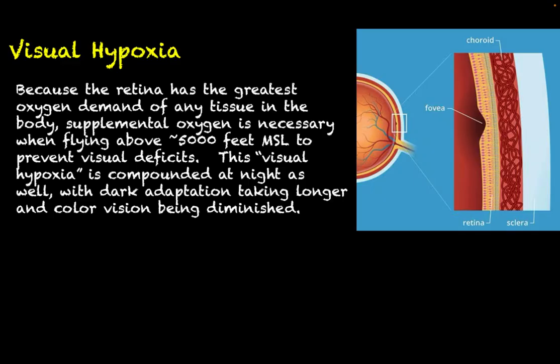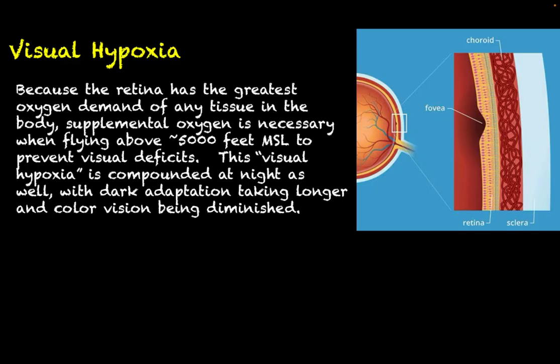So the reason for this is to prevent visual deficits. We learned in chapter 4 that it's really only above 10,000 or 12,000 feet that you start to experience some of the other more conspicuous effects and symptoms of hypoxia. But the very first thing you'll see as early as 5,000 feet is a loss of night vision.